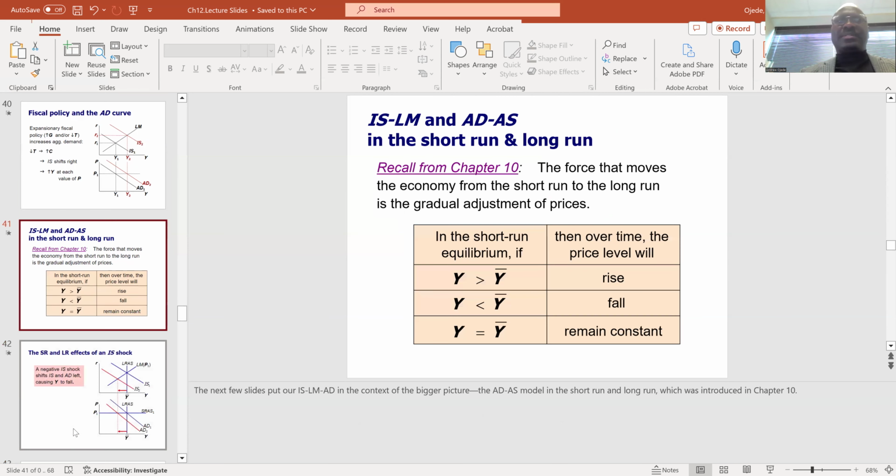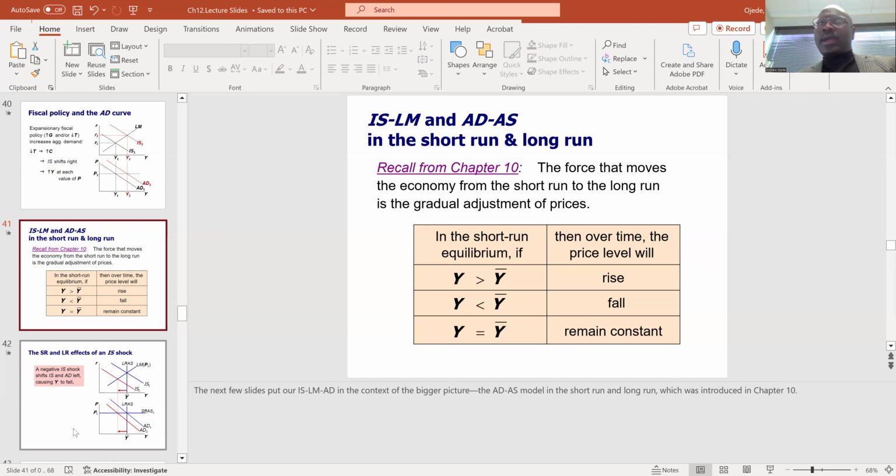So I gave you this table already before. In the Keynesian model, while Keynes argues that the economy is a model of the short run, Keynes is not suggesting that the economy stays in the short run forever. Okay, he's just arguing that we need to care a lot more about the short run, you know what I mean?